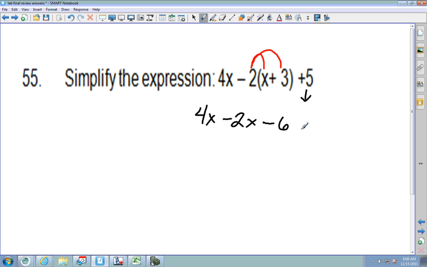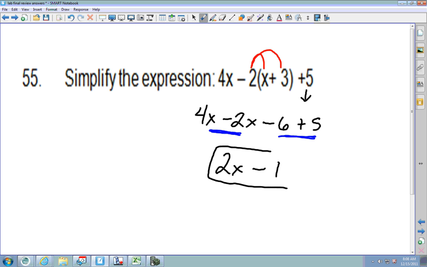Then just bring this down, plus 5. Okay, we did the distributive property. Now let's combine like terms, and I get 2x, and then put these two together, minus 1. This is your simplified answer.